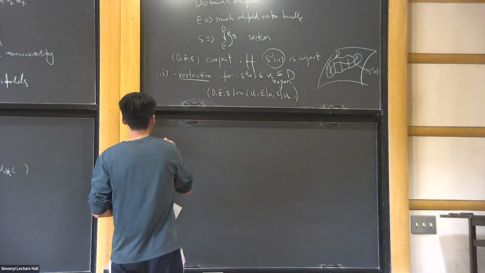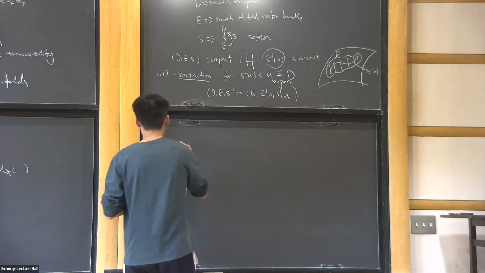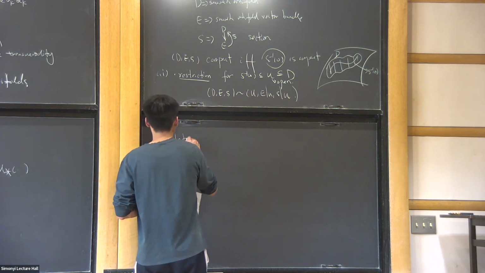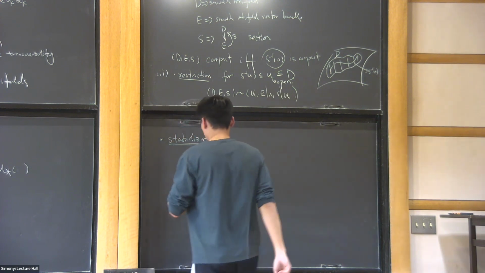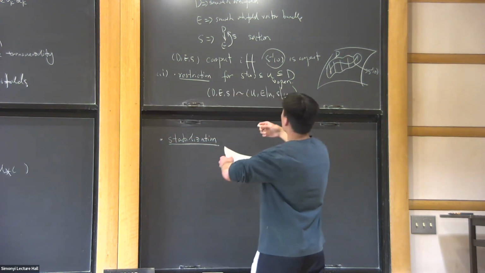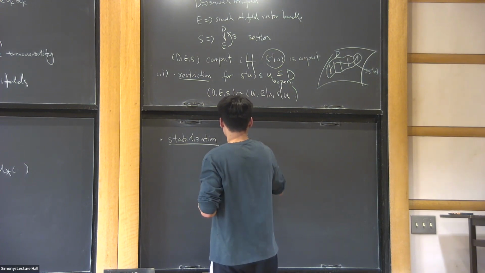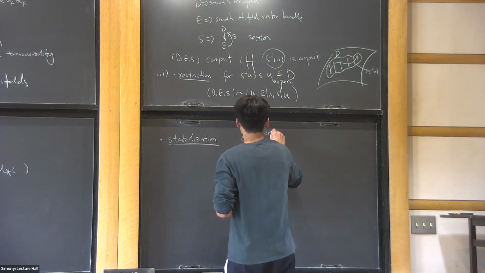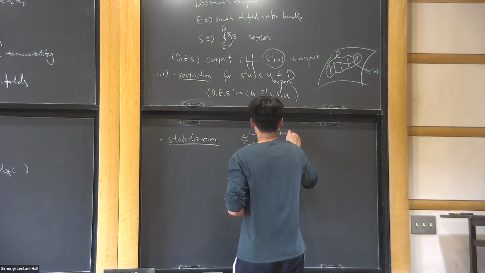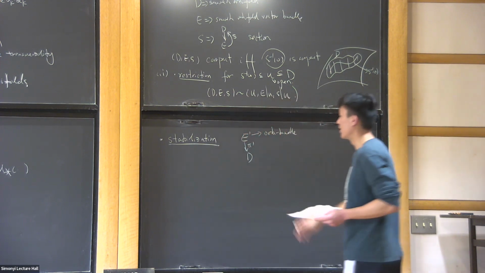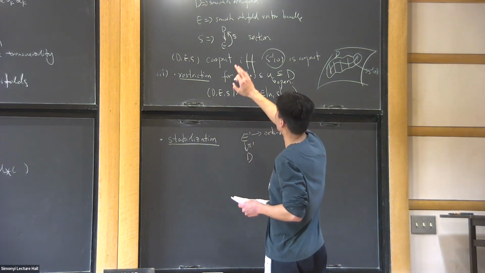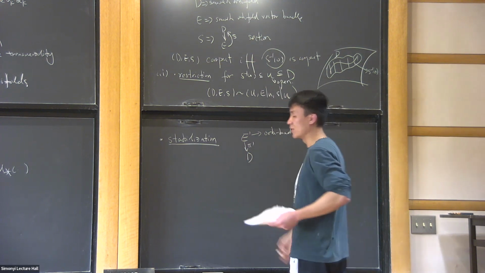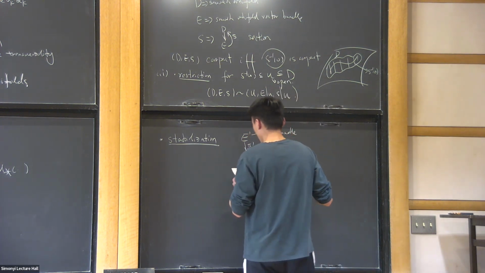And the second relation I want to introduce is called stabilization. So what does it mean? Let's say we are given another orbifold vector bundle E prime defined over our ambient orbifold. From this, together with the given derived orbifold chart, we can produce a new derived orbifold chart in the following form.